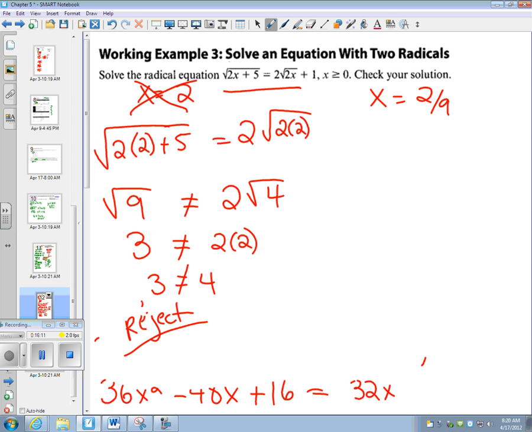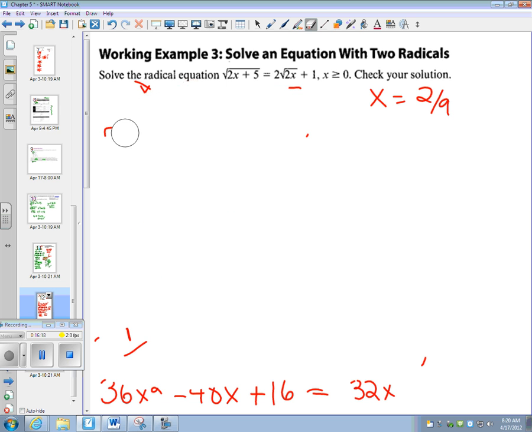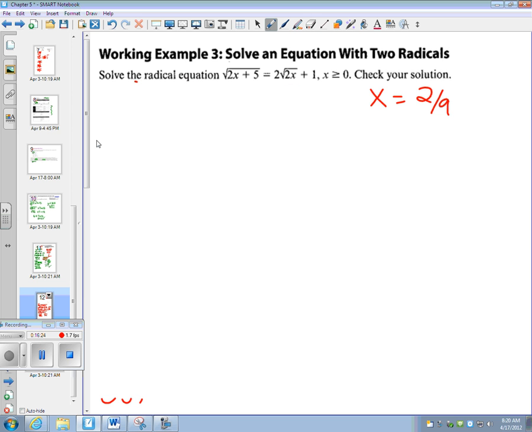Okay? Now let's look at x equals 2/9. And we're not even scared of fractions, so don't worry. x equals 2/9 in our original equation. So we have the square root of 2 times 2/9 plus 5.